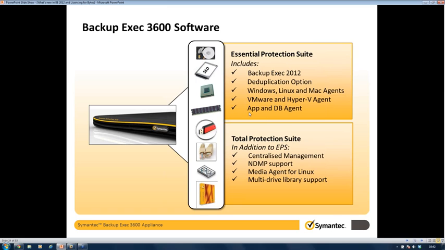So this would support multiple tape drives, whereas the Essential Protection will only support one tape library. So they're the differences between the two different suites.